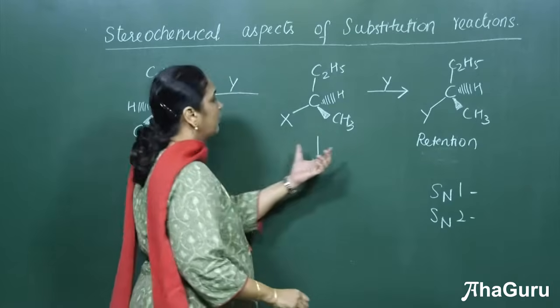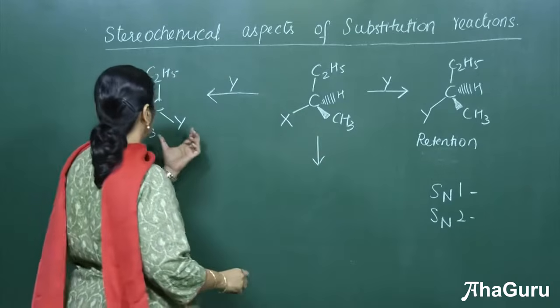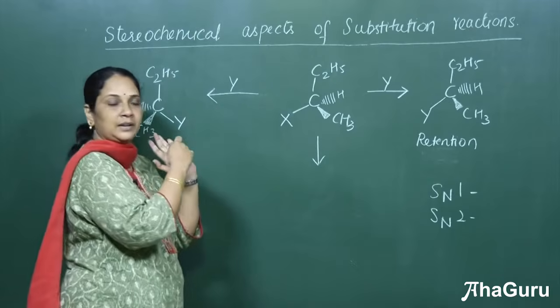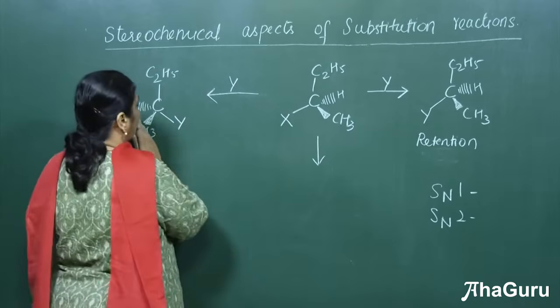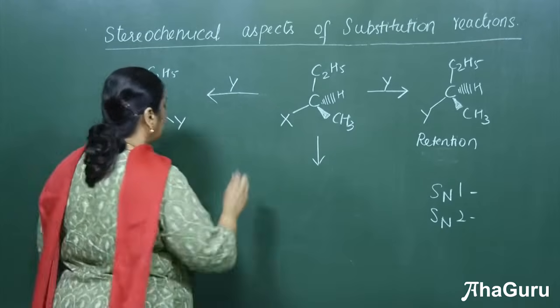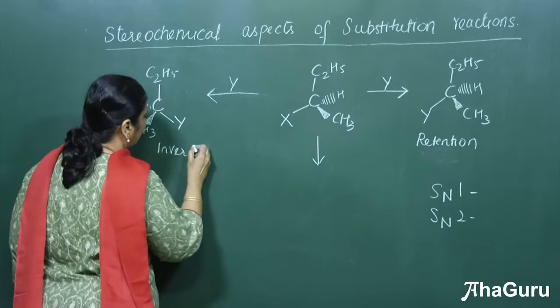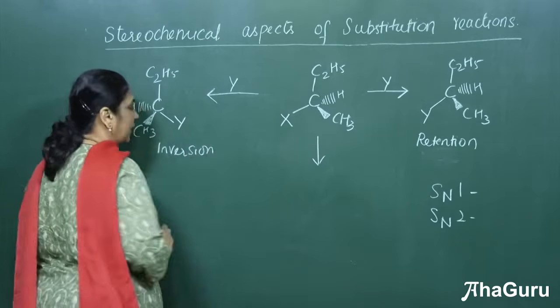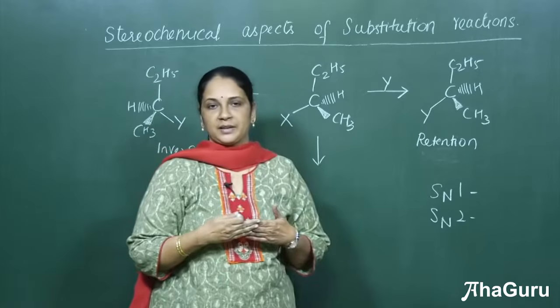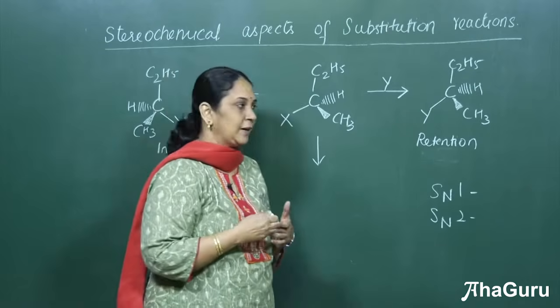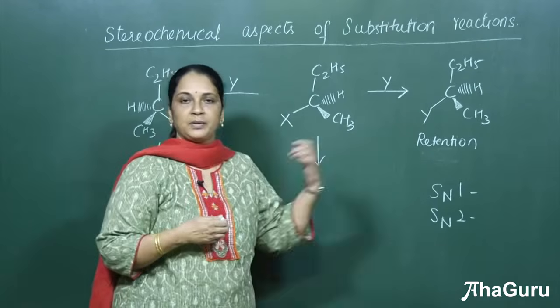Now we have another product, where the compound is completely inverted, and Y attacks from the other direction. We call this the inverted compound, or inversion is taking place. In nucleophilic substitution reactions, for example SN1, both products can be formed in equal amounts.